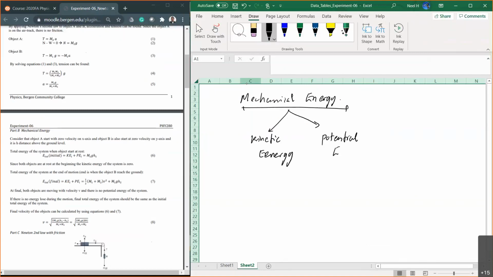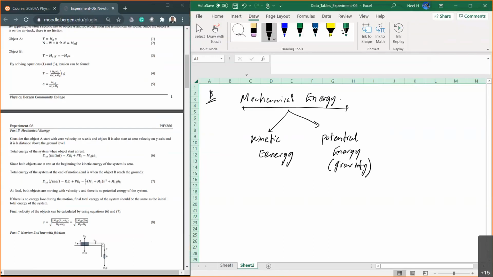But when it comes to potential energy, there are 2 types, and in this experiment we're considering only potential energy due to gravity. In class, we will talk about the potential energy due to elasticity of the object, like a spring, for example, which can store potential energy. That we will talk about later. That's part B of this experiment.